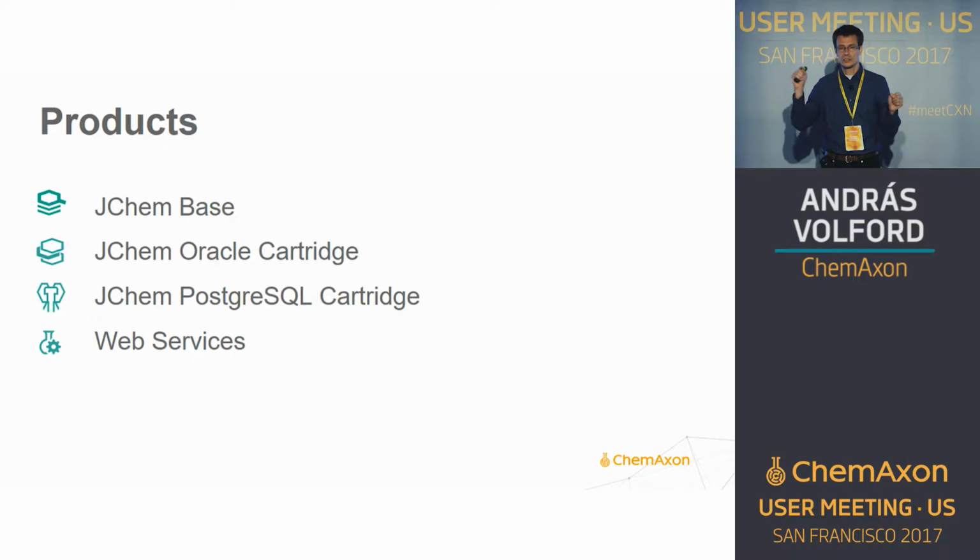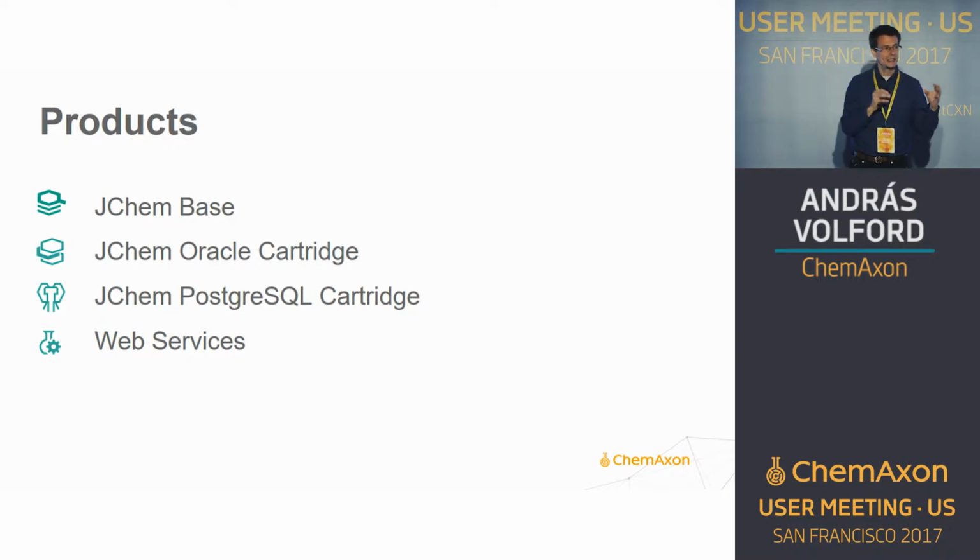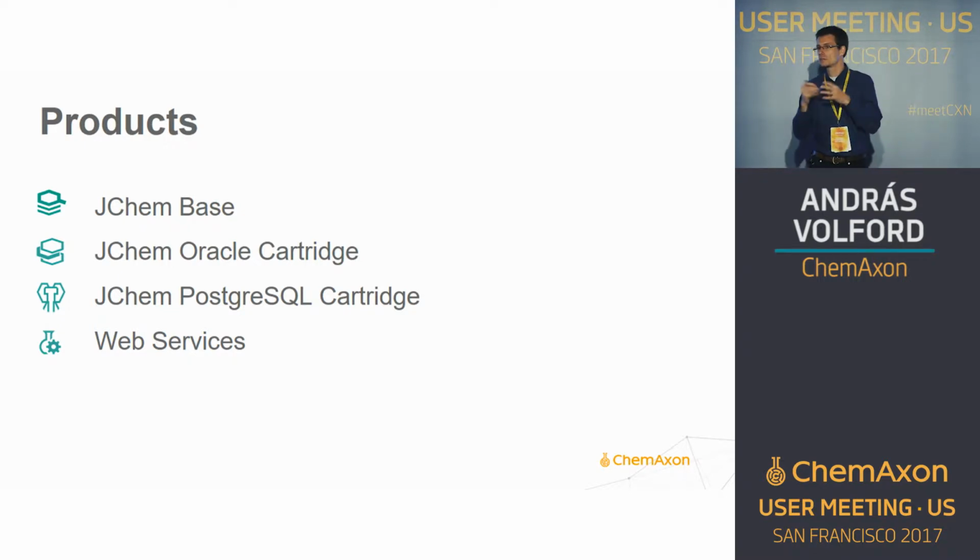But if you go into the details and you want to combine the chemical search, the substructure or similarity search, with non-chemical filters like mole weight or joining with another table, then you can take advantage of the query planner provided by Oracle or Postgres.